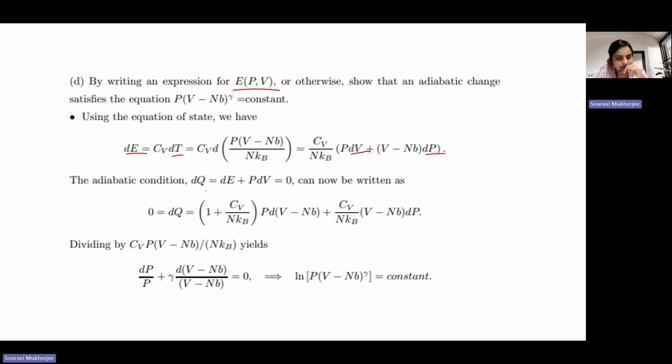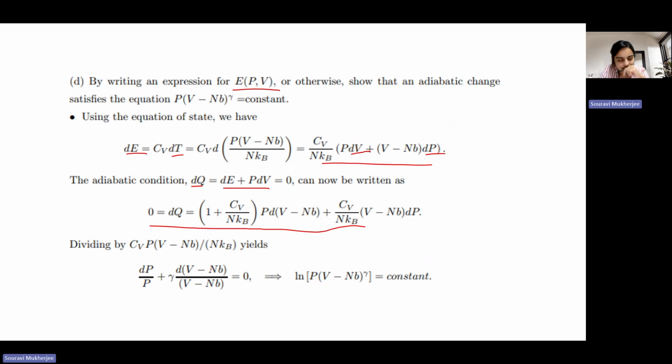Now adiabatic condition means dq is equal to 0. So if you put dq equal to 0 and use the first law, that means dE plus PdV is equal to 0. dE is nothing but Cv dT, which is this expression, right? So you have used the adiabatic condition.